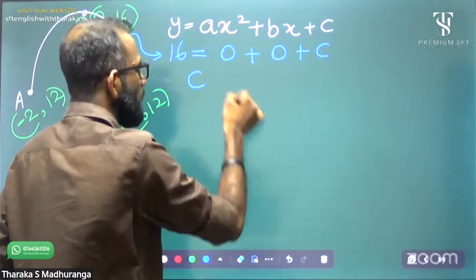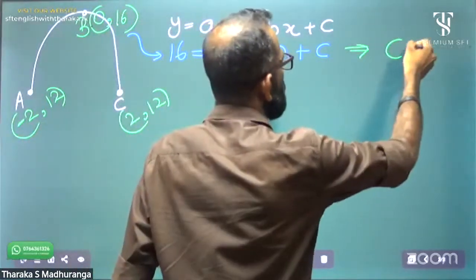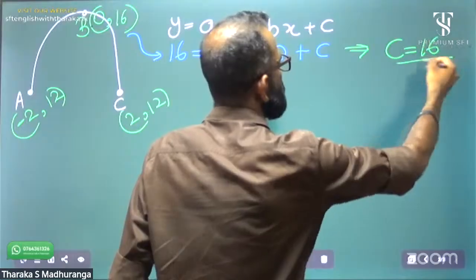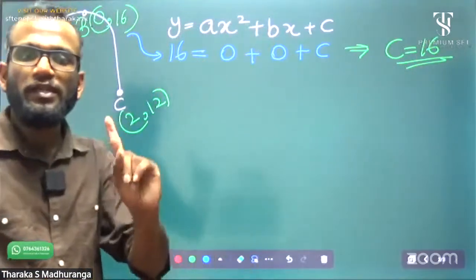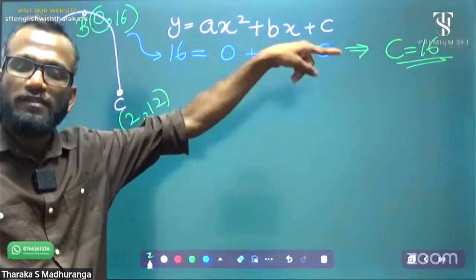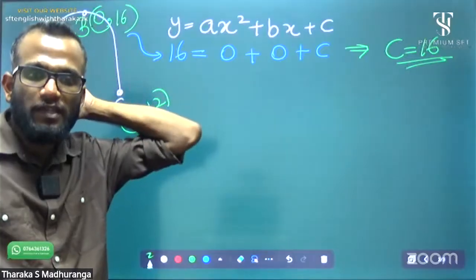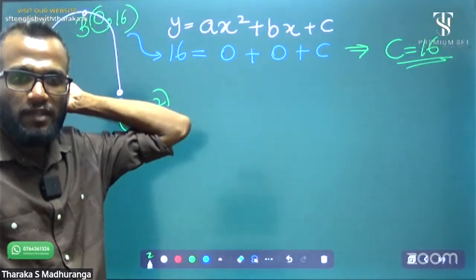Then we can directly get c. According to that, c equals 16. Then the first mission is done. The c value is 16. The c is a constant, that is 16.